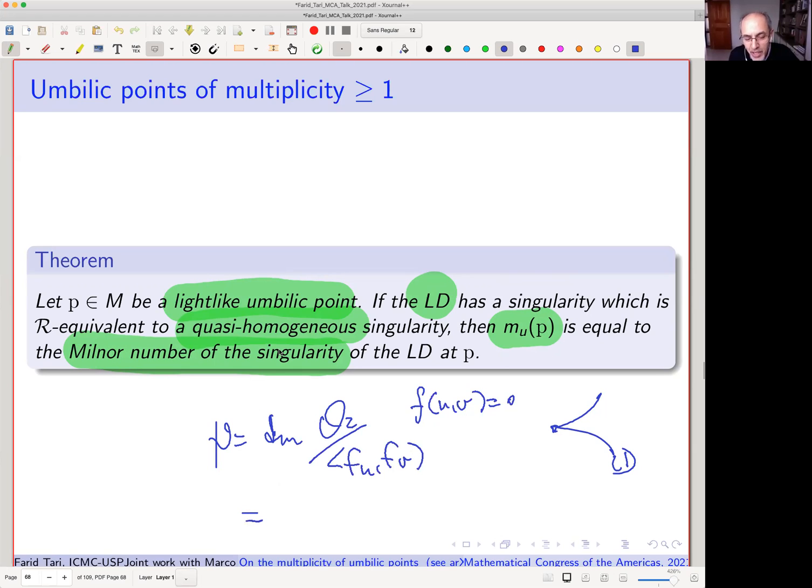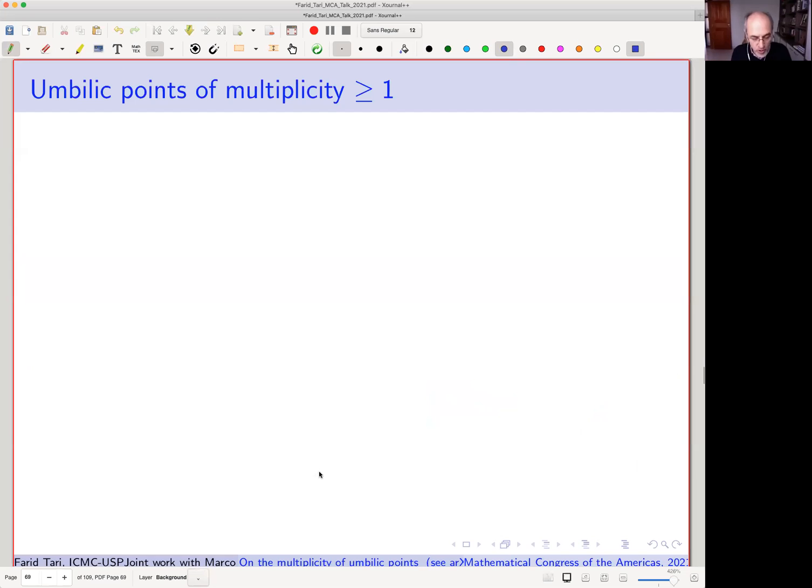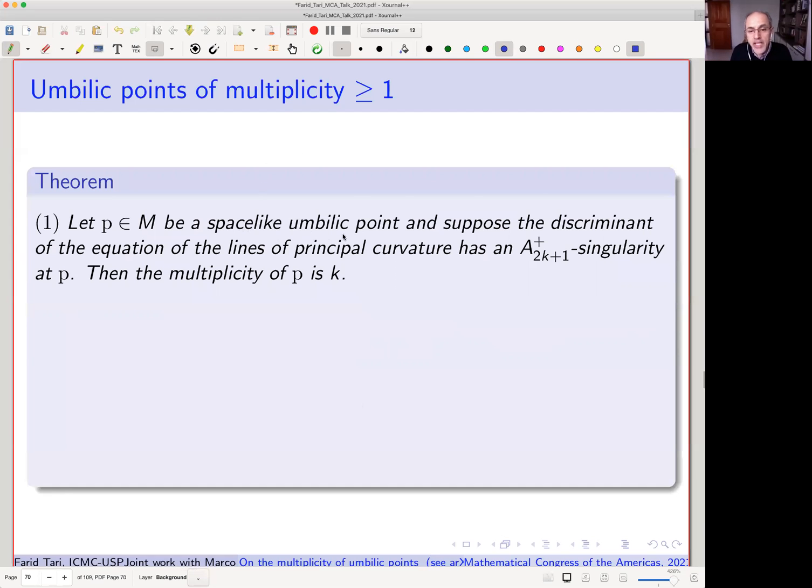And this, in the case of quasi-homogeneous, is exactly the multiplicity of the umbilic point. Okay. Now for space-like or time-like umbilic points, if the discriminant has a simple singularity, it happens in the space-like case because the singularities are always isolated points; the curve delta equal to 0 is an isolated point.